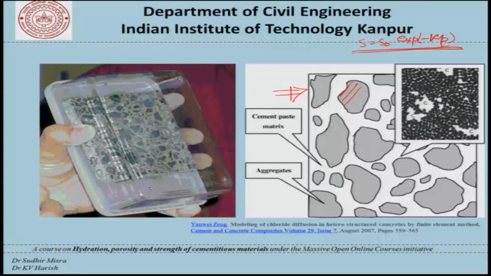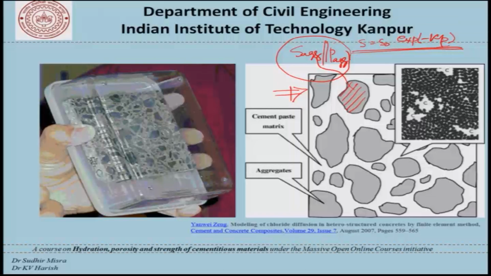If we were talking only of aggregates, these aggregates have their own strength and their own porosity. This is something which is of interest to somebody who is studying geology or who is studying the properties of rocks.